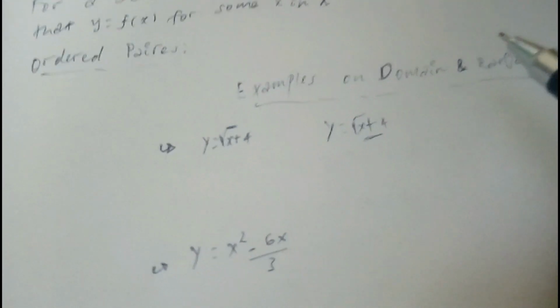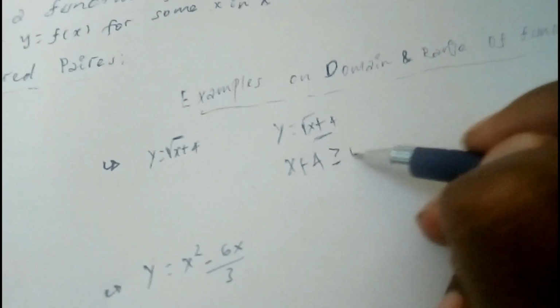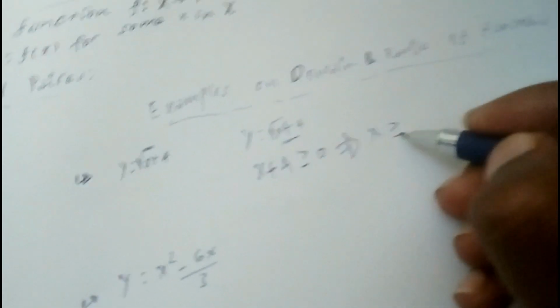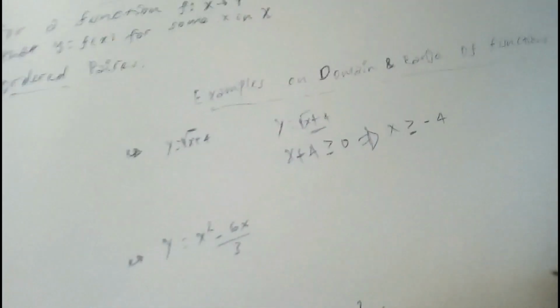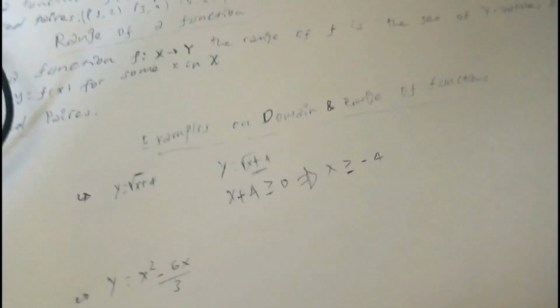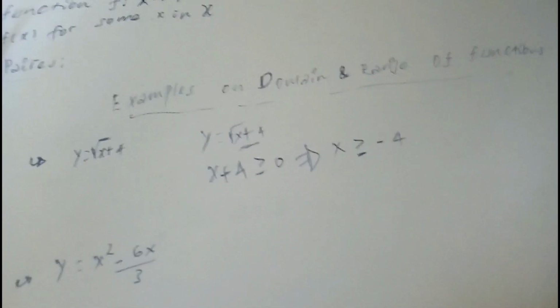So our first assumption is x plus 4 must be greater than or equal to 0, which implies that x must be greater than or equal to negative 4. This is our domain. In order for this function to be valid, x must be greater than or equal to negative 4.